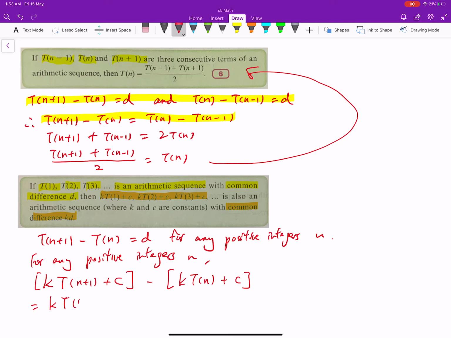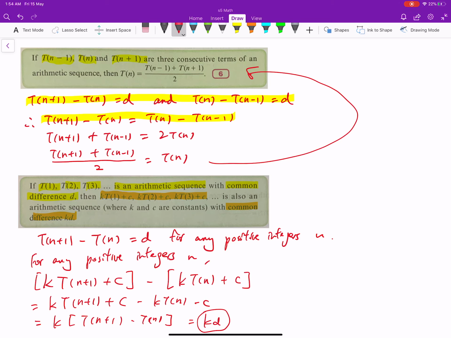So we expand it and simplify it. Then you get this one. And then you will get kd as well, right? So we prove it. Because n can be any positive number, any term minus the previous term in the new sequence will get you the common difference kd.